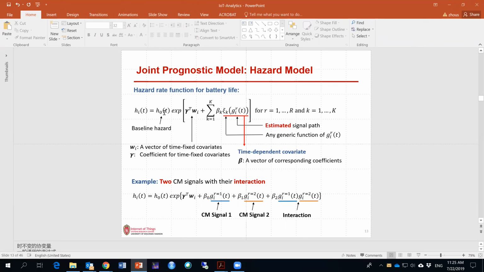We have a baseline non-parametric hazard function, and we have a covariate part. The covariates could contain time-fixed covariates or include the mixed effect model as its input. Essentially, we use the mixed effect model to predict the future value of the degradation signal, and then use the predicted future value of the covariate to predict the future occurrence of the failure events. So this is the intuition of this joint model.